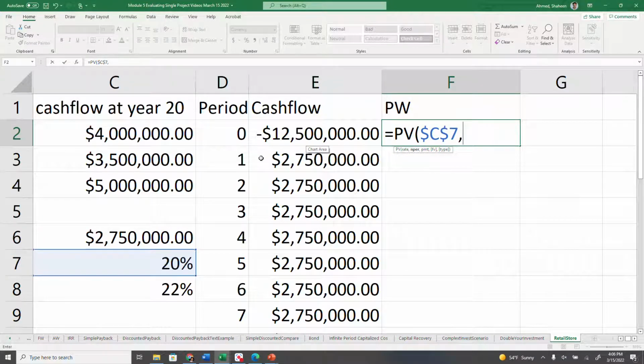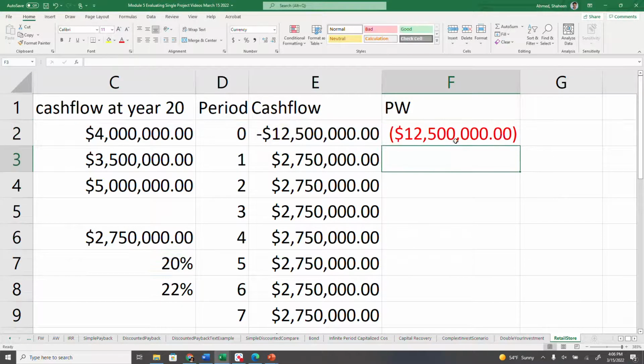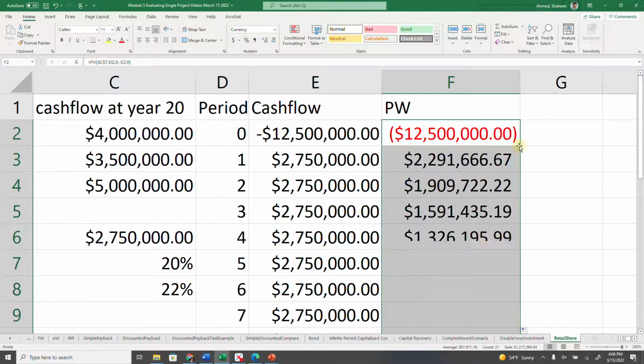Basically we are converting each of these cash flows to year 0. That's present worth, all of them. So we're going to use the compounding period. The first cash flow obviously is not going to be compounded because it's sitting at year 0. All of this, I'm going to keep the same sign, so I'll use a negative sign. All of this future cash flow, we're going to convert it to today's value. So we're going to copy all the way down.